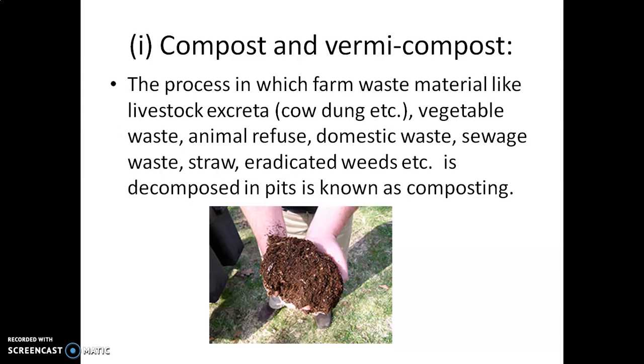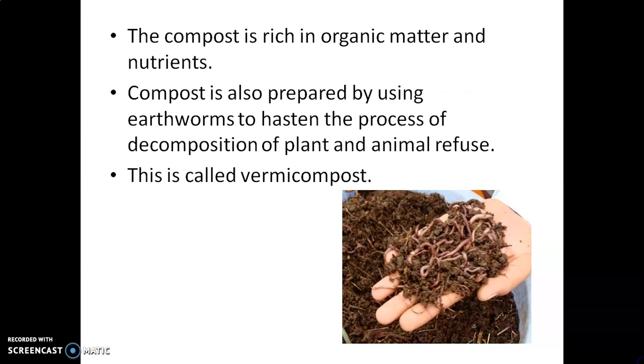The process in which farm waste materials like livestock excreta, that is cow dung, then vegetable waste, animal refuse, domestic waste, sewage waste, straw, eradicated weeds, etc. is decomposed in pits is known as composting.